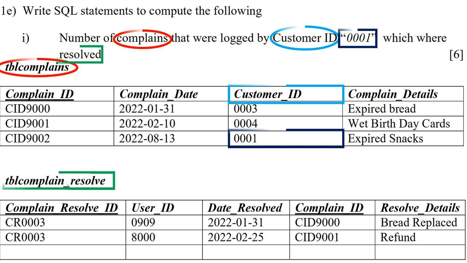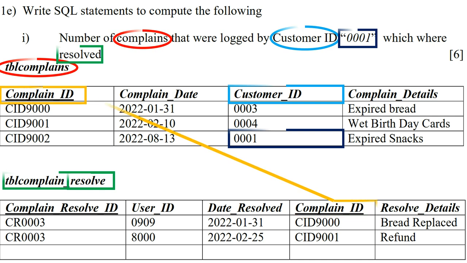So how are these two entities related? As with the referential integrity we talked about in one of the earlier video tutorials. Now we have complaint ID in table complaints. That's what we are referring to from table complaint resolve.